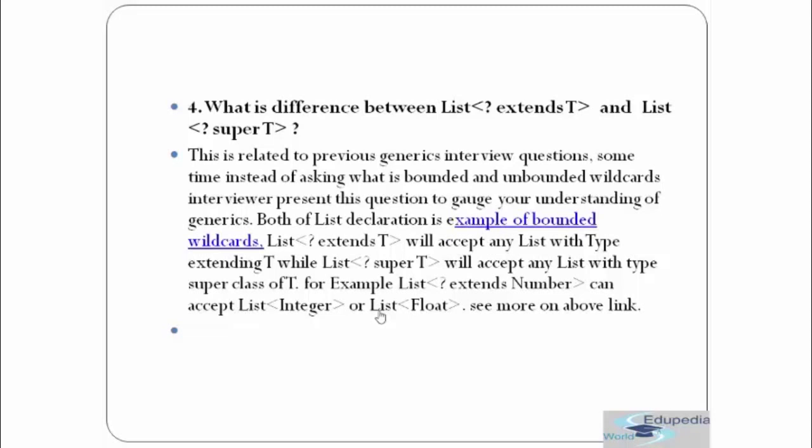Both of the list declarations are examples of bounded wildcards. List<? extends T> will accept any list with a type extending T, while List<? super T> will accept any list with a type that is a superclass of T. For example, List<? extends Number> can accept List<Integer> or List<Float>. So this is the difference between ? extends and ? super.